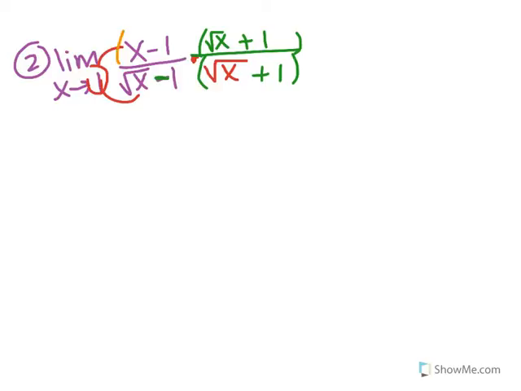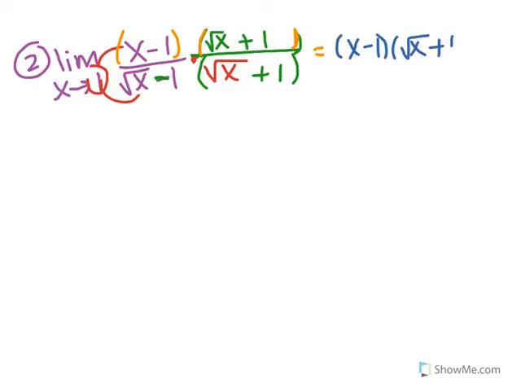When I multiply the top, I get x root x. For this one, actually, I'm going to leave it not foiled out for right now because I really care about the bottom. I'm just going to leave it as x minus 1 for right now, and I'll foil it out in a minute.